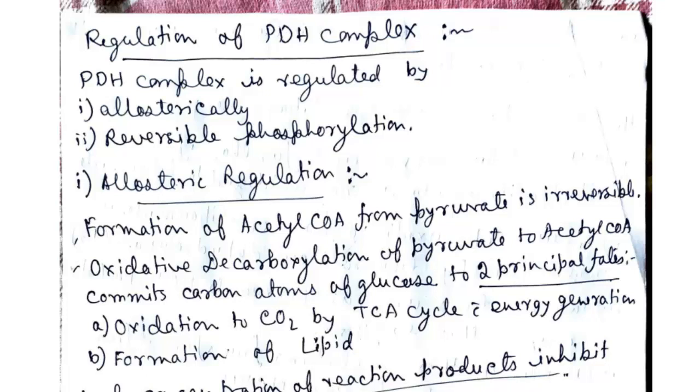The more acetyl-CoA is formed, the more it will inhibit this enzyme, because this formation of acetyl-CoA from pyruvate is irreversible, and so oxidation to carbon dioxide by TCA cycle can form energy or it can form lipid.